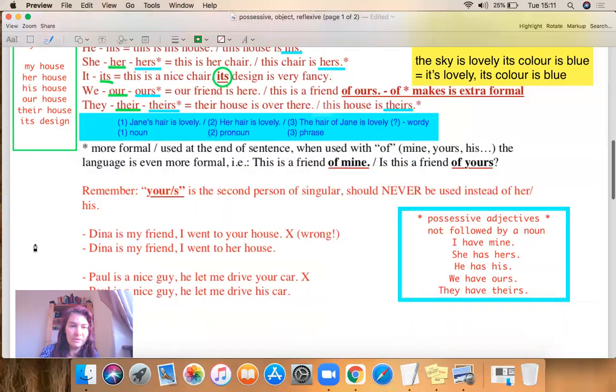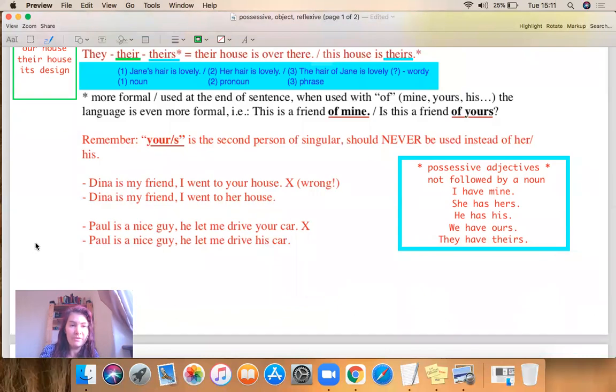Right, and what else do we have here? One common mistake that people make, especially from Portuguese, Spanish, I think Italian languages as well, is that we use the second person to also mean her and his.